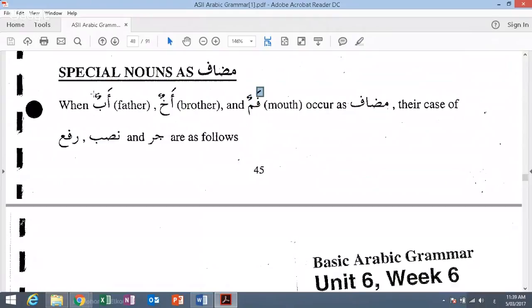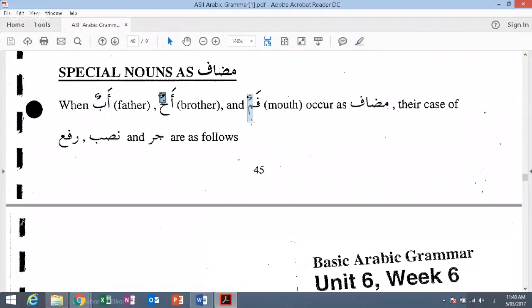Now go back to here again. This ab, akh, and famun. Nasbi case and Jarri case. So in a Nasbi case, that will be fatha, remember? So this is simple, take this tanween off. So Aba Hamidin, Akha Hamidin. And here what will happen?